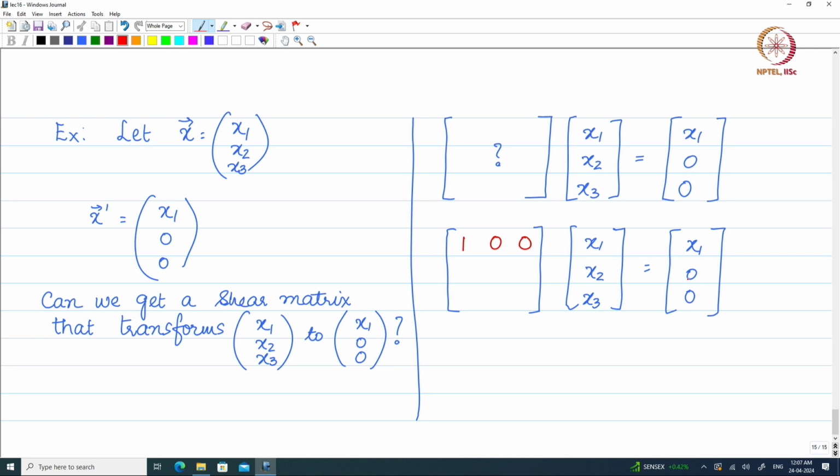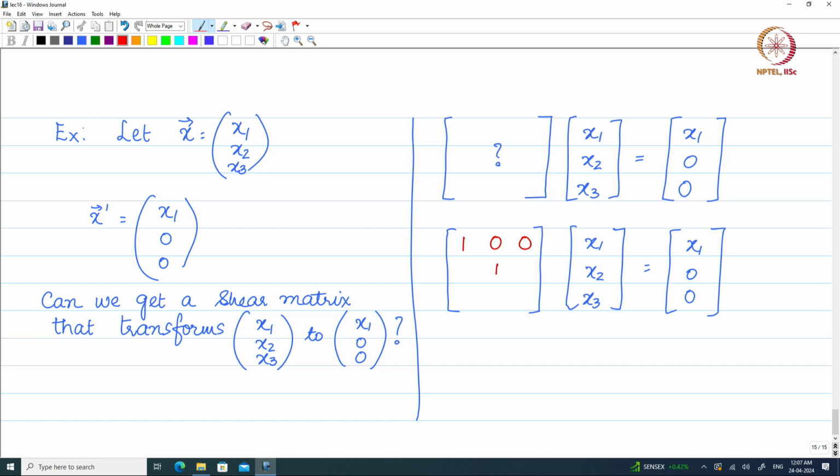The second component has to become 0, and I have to get a shear matrix, which means my x2 remains the same, but I want to get a 0 here. So how do I get a 0 there?